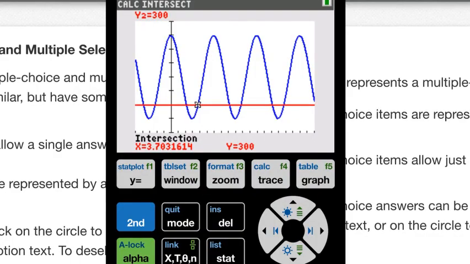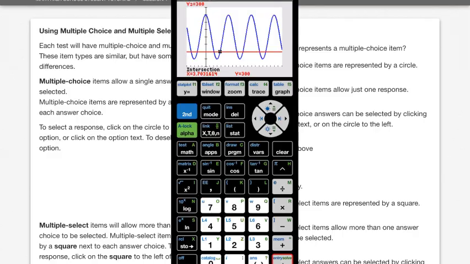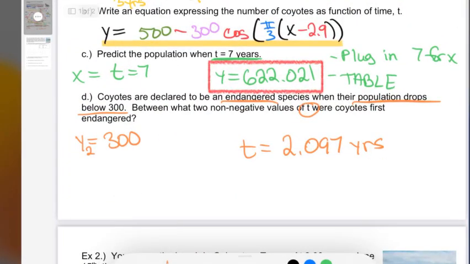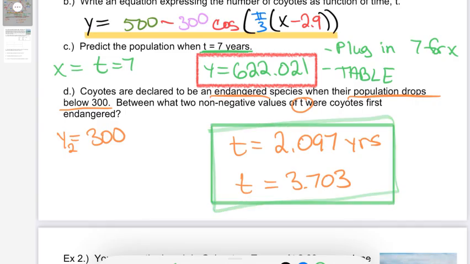So 3.703 years is when they got above 300 again and were no longer endangered. So between these two times is when this coyote population was first endangered. It's not the only time they were endangered, but from t equals 0, that was the first time they were endangered.